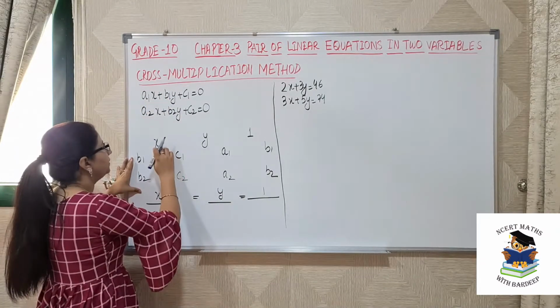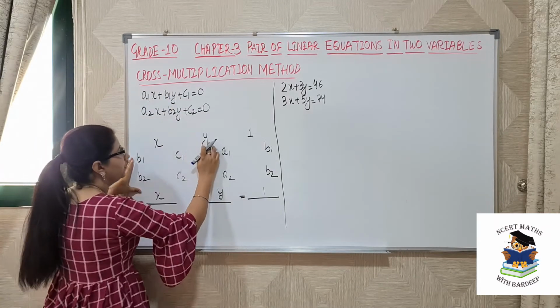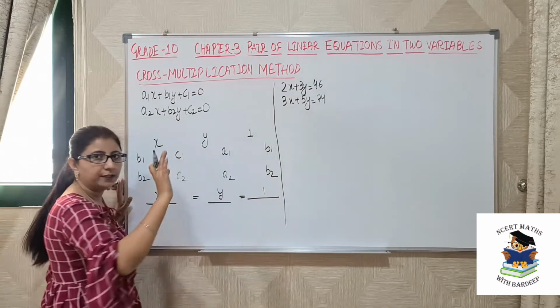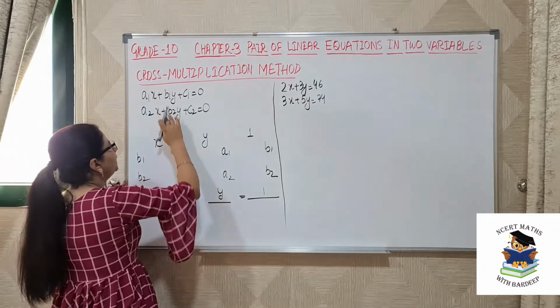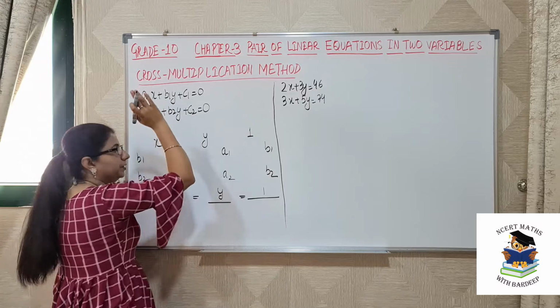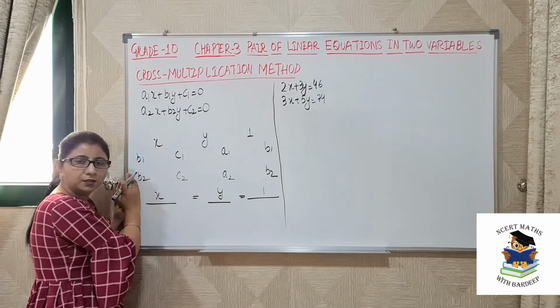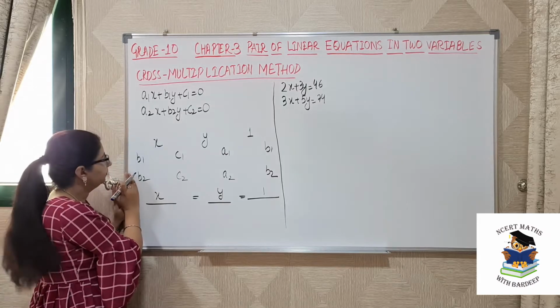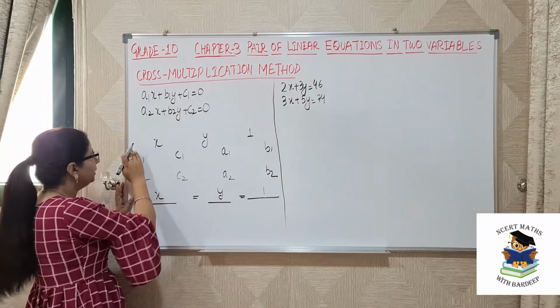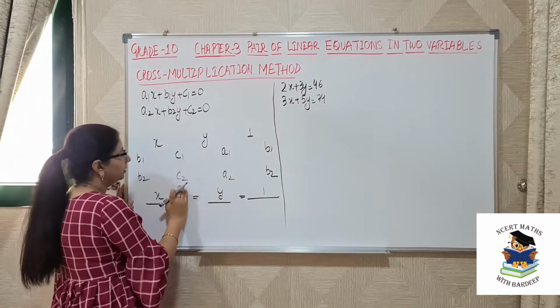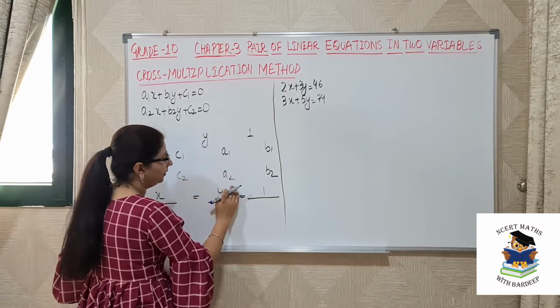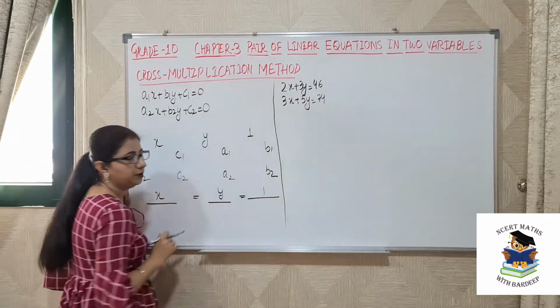So the first variable is written here, the second variable here, and for the constant we are writing 1. So always start with the coefficients of your second variable. That means near x you should write the coefficients of y. Okay, so b1 b2, then c1 c2, then a1 a2, and then b1 b2.